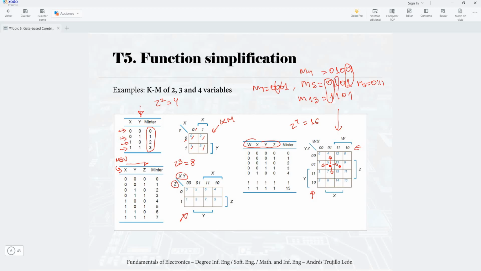So you can see that because we have used gray code, the cells that are together in the Karnaugh map are adjacent. And this has happened only in the horizontal and vertical directions. Because, for example, if we take minterm 12, sorry, it's not like this.